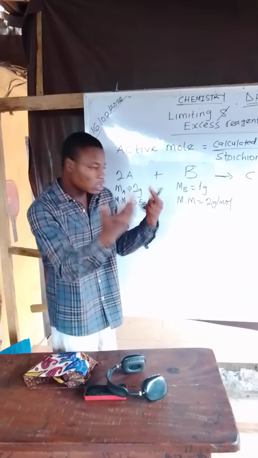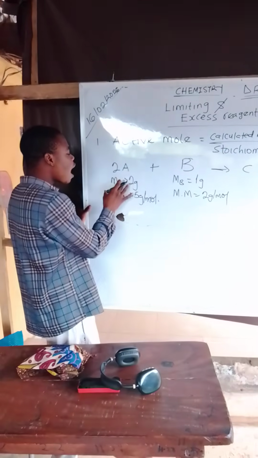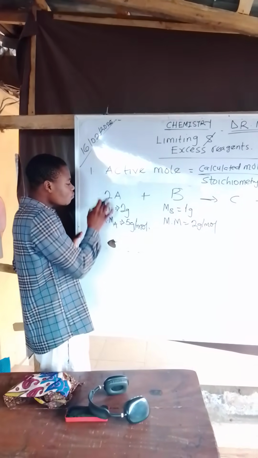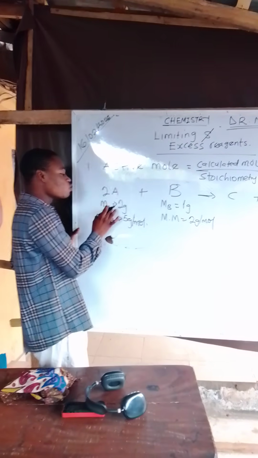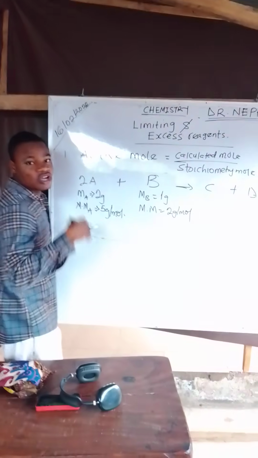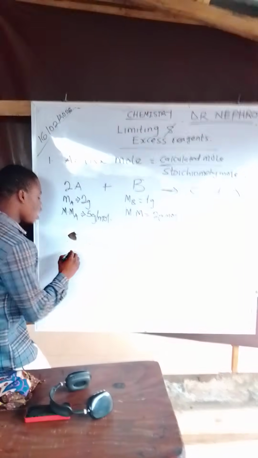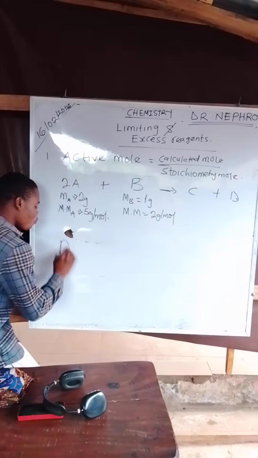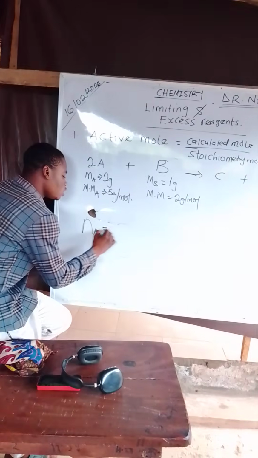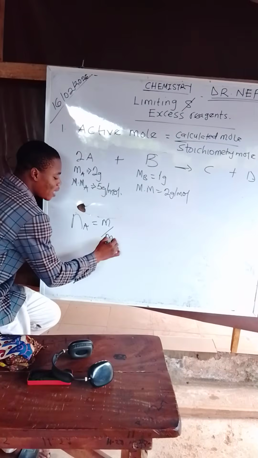How can we do it? Look up. I was given the mass of element A, and I was given the mass of element B. What am I going to do, class? We are going to calculate the number of moles of A using mass over molar mass.